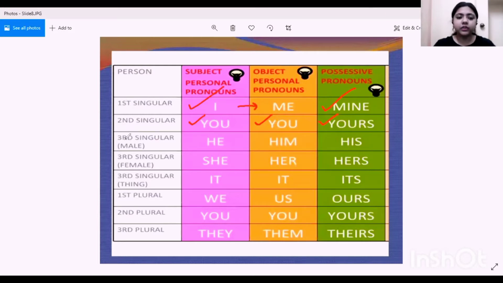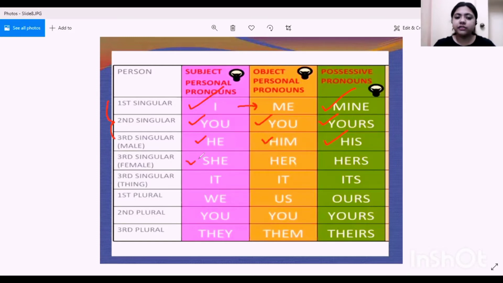Then we come over to the third person. There are three kinds of personal pronouns. Okay. First person, second person, and third person. Third person for male, singular, we use he. Then when it is used in place of an object, we use him, right? And when it is used as a possessive pronoun, we use his. Then third person, singular, female, right?